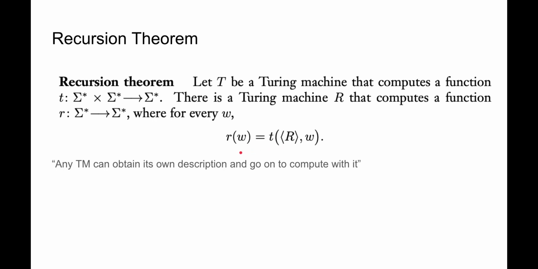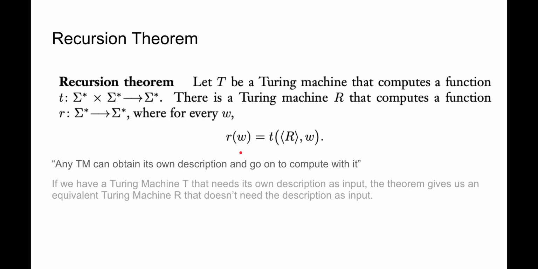So any Turing machine can obtain its own description and go on to compute with it without explicitly needing the description. So again, if we have a Turing machine that needs its own description as input, the theorem gives us an equivalent Turing machine R that does not need its own description as input.